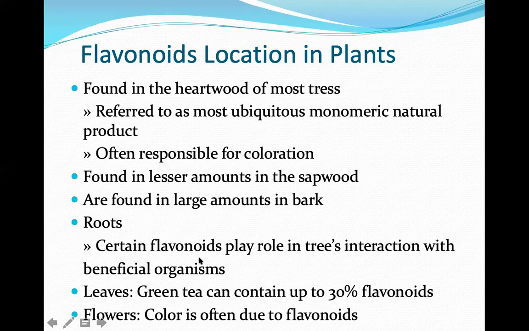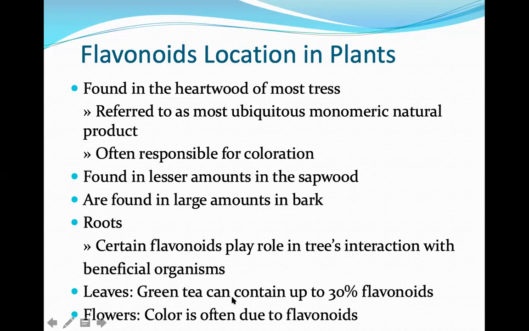Leguminous plants attract the rhizobium bacteria to their roots for making nodules. Some flavonoids like luteolin and other flavonoids attract specific rhizobium to their roots. So flavonoids play a role in trees' interaction with beneficial organisms like nitrogen fixing bacteria.